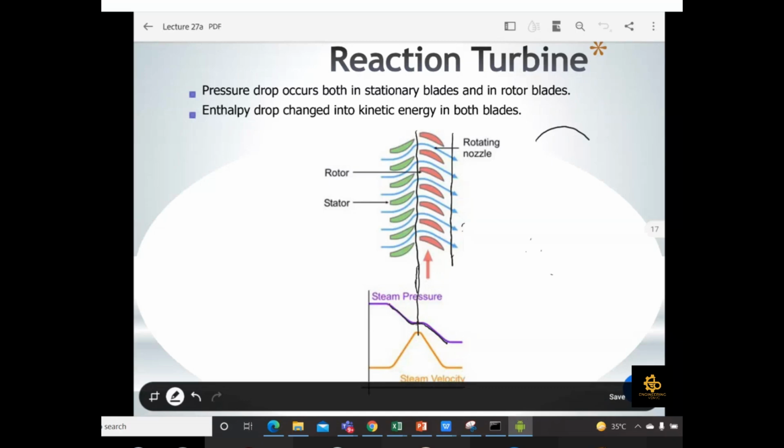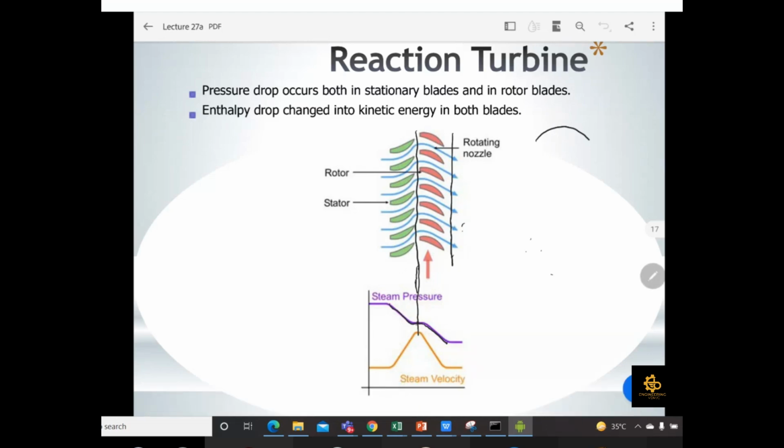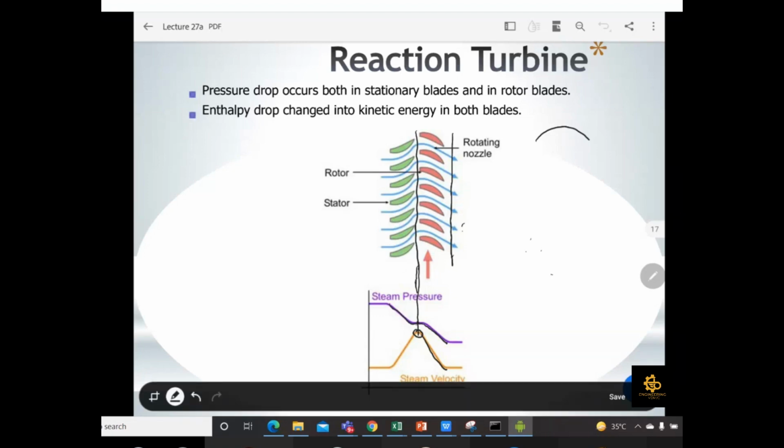In the reaction turbine, because the structure of the blades is different, the pressure also decreases in the moving blade section. And if you look at the velocity, at the end of the nozzle the velocity reaches its maximum point, and then it decreases when it passes through the moving blade section. So this is the steam velocity and steam pressure graph for the reaction turbine.